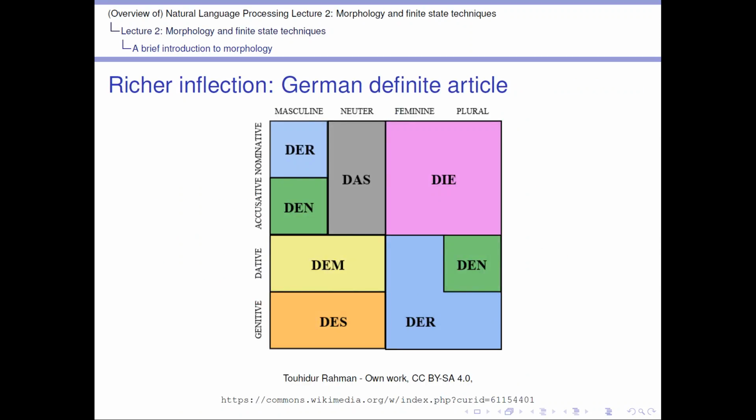For example, here is the word the in German. So where we have the word the, they have all these different variations of the word the, depending on the linguistic context in which it's used. So it depends on whether the noun is masculine, feminine, or neuter.